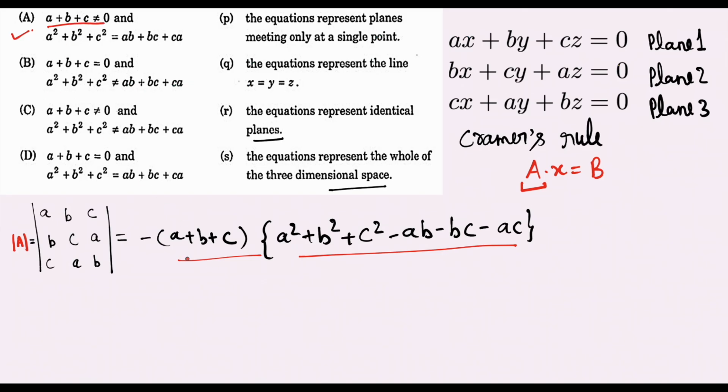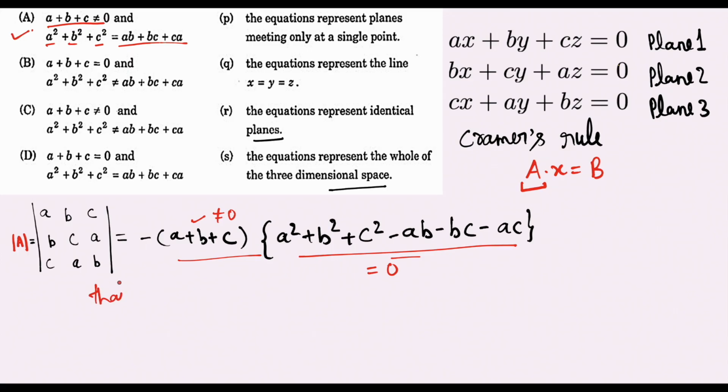In option A, a plus b plus c is not equal to 0, and a square plus b square plus c square is equal to ab plus bc plus ca. So we see that the second factor, a square plus b square plus c square minus ab minus bc minus ca, is going to be 0 with the condition given.